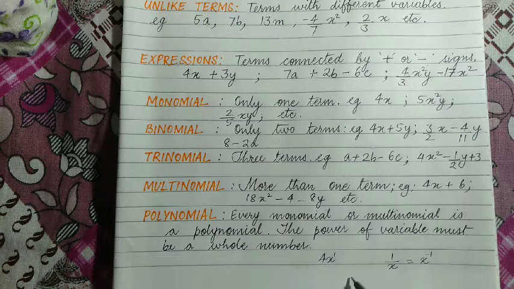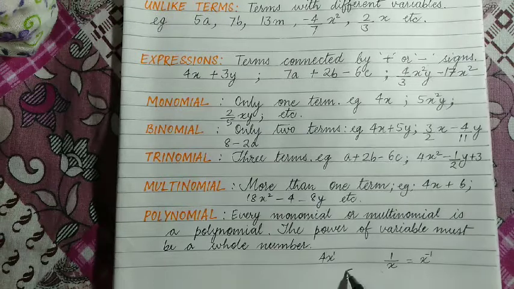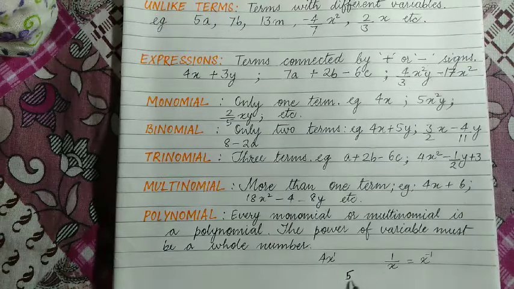Simply, if we take a number like 5, it is itself a polynomial. Why? Because there is no variable, which means the variable's power is 0. In this case 5 is a polynomial.